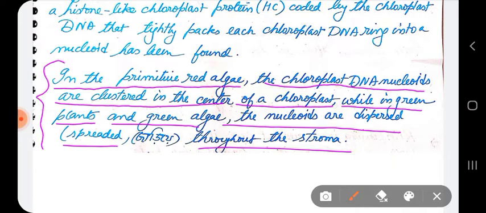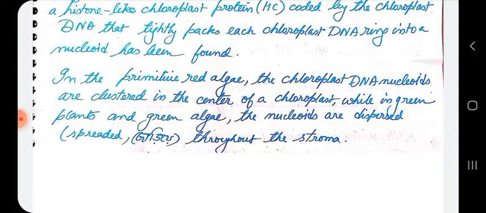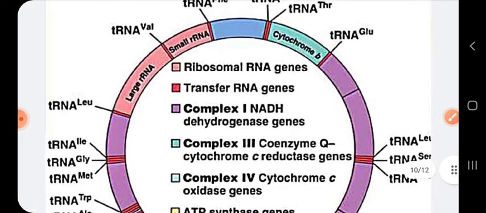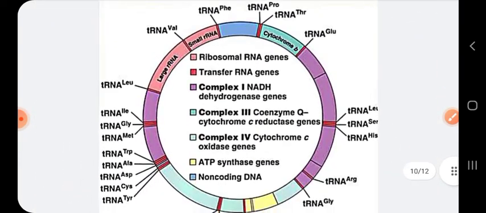So in the primitive or prehistoric red algae, chloroplast DNA nucleoids are clustered in the center, meaning they are aggregated at a center. But nowadays green plants and green algae have nucleoids spread throughout the stroma of the chloroplast. Now this is a typical diagram of a chloroplast DNA.